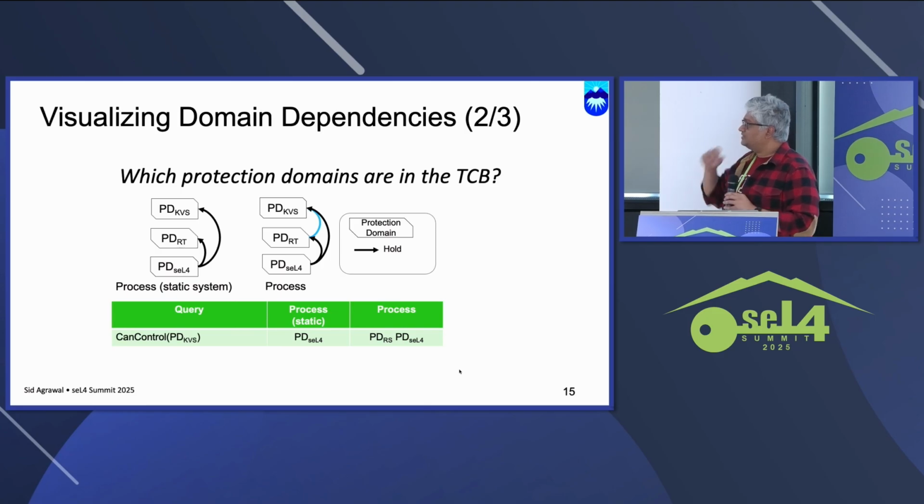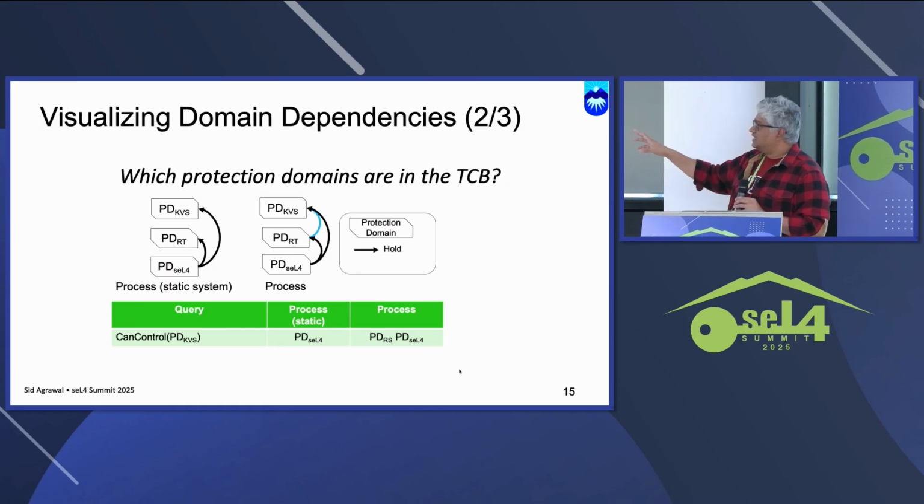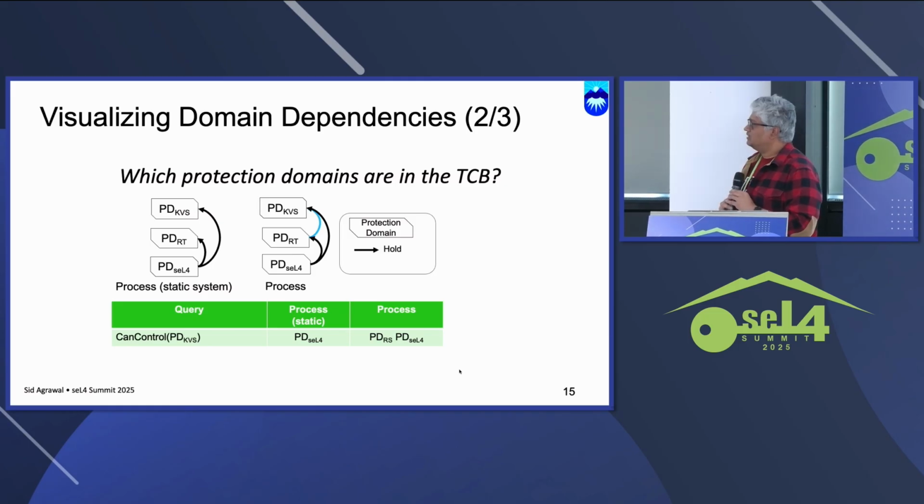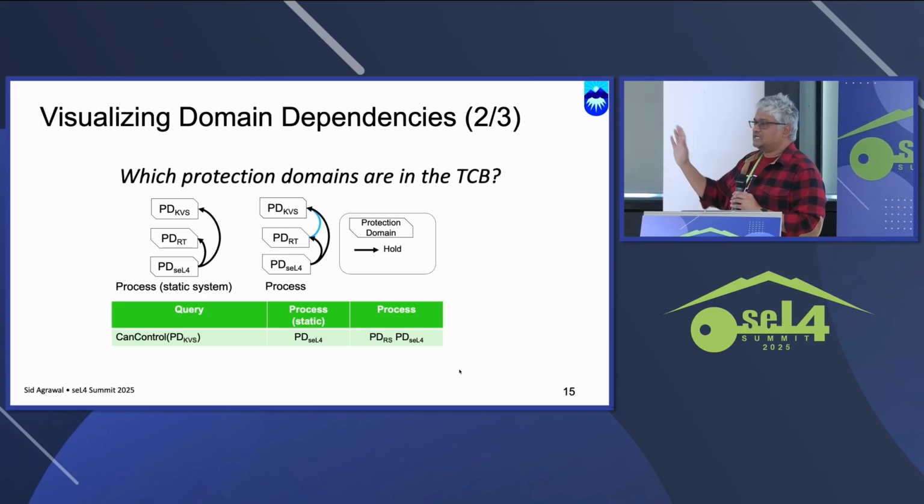The kind of things we want to answer with that is, here on the left side, we have a key value store application running on seL4 with the root task in the middle. On the left, I'm showing a static setup where the root task, once it sets up the key value store, can no longer impact it. And on the right is a more dynamic setup where the root task can kill the key value store.